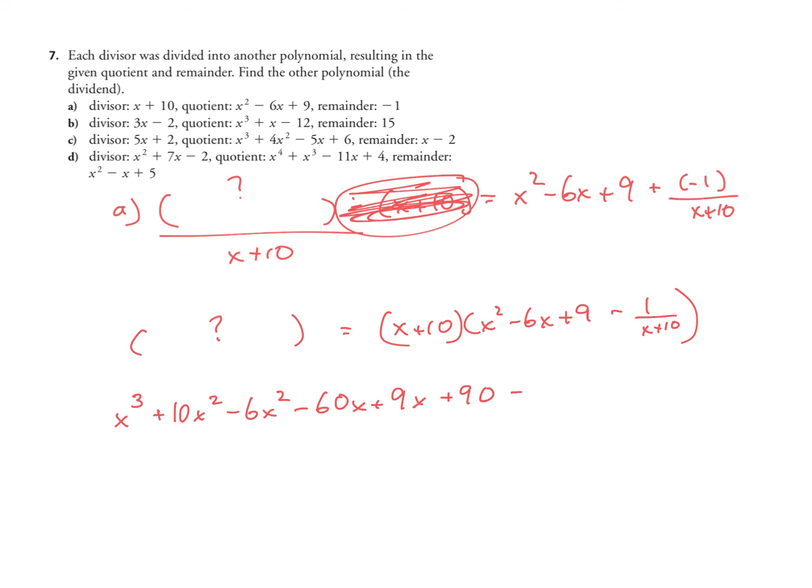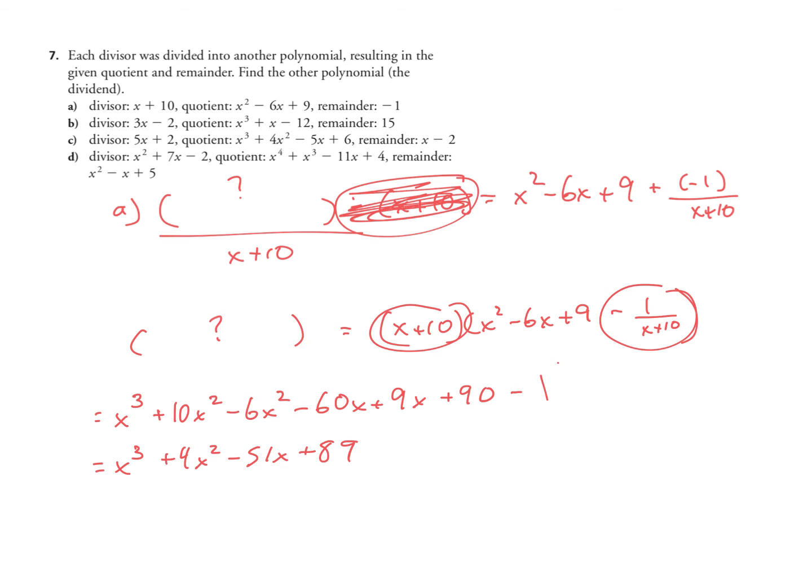Now I'm just going to multiply this whole thing by minus 1 over that, so it's just going to be minus 1, right, because the x plus 10 cancels. And so this equals x cubed plus 4x squared minus 51x plus 89.